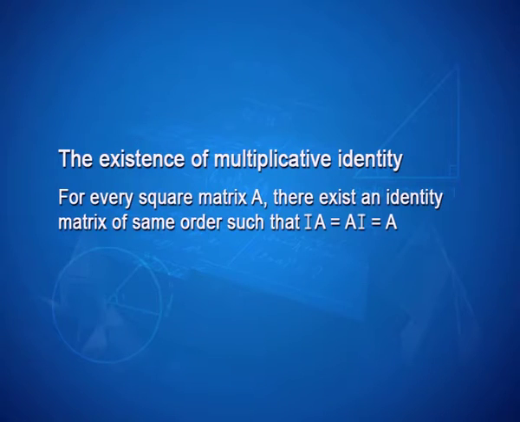Third property, the existence of multiplicative identity. For every square matrix A, there exists an identity matrix of the same order such that IA is equal to AI, which is equal to matrix A.